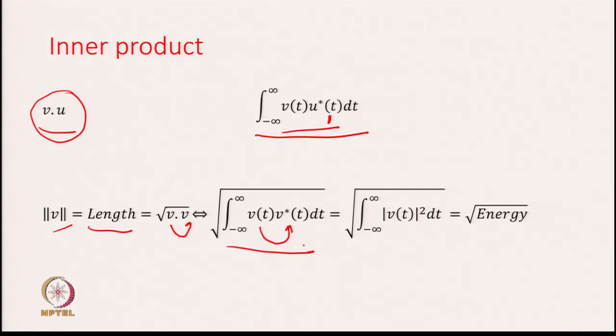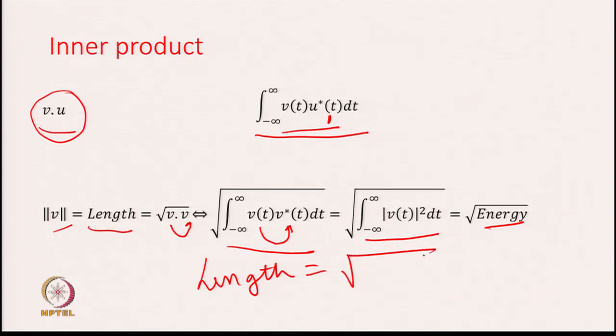This quantity is nothing but the energy of the signal, and hence the norm of the signal is the square root of the energy of the signal. So, the length of the signal is the square root of its energy.